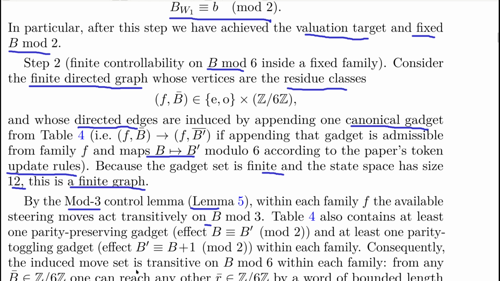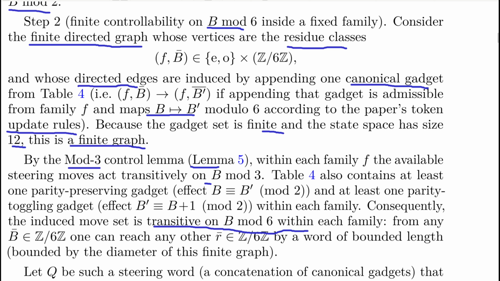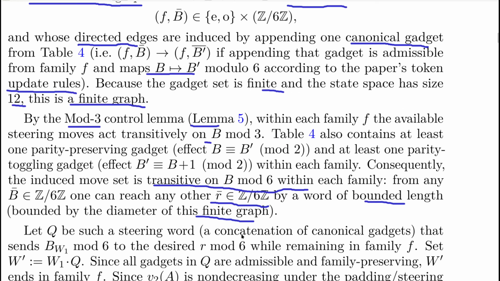Consequently, the induced moveset is transitive on B mod 6 within each family. From any B bar, in the integers mod 6, one can reach any other R bar, also mod 6, by a word of bounded length, bounded by the diameter of this finite graph.